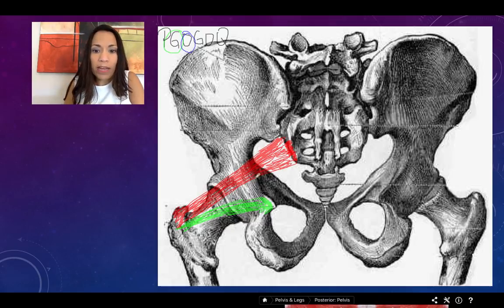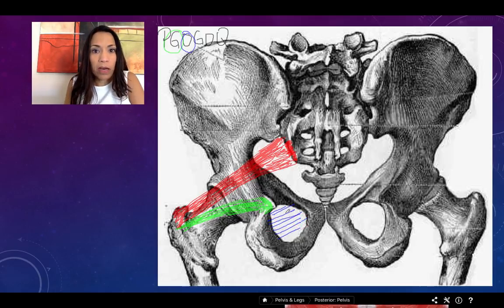So the obturator internus originates on the medial side of this bone, right where the obturator foramen is. Now, this obturator foramen is covered almost completely by a membrane, the obturator membrane.